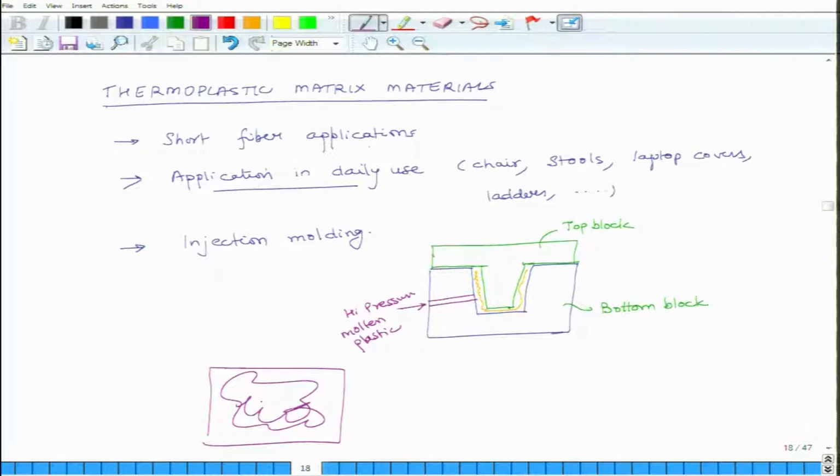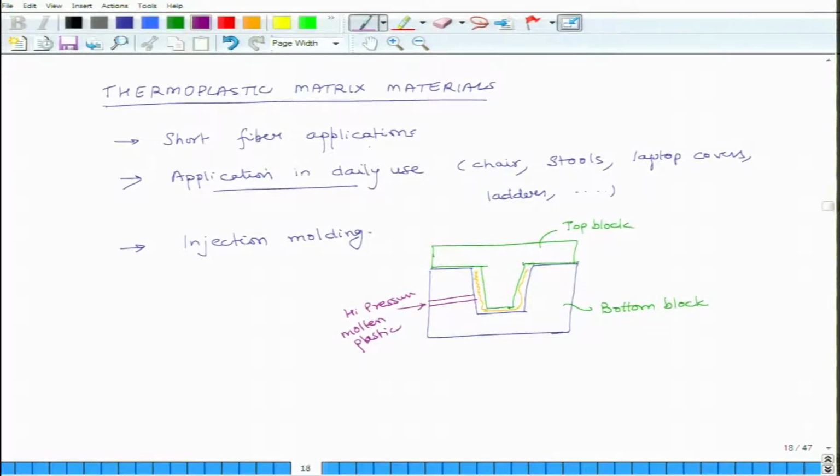This raw material plastic comes in small spheres, pellets, and if you want stronger material, you mix it with some glass fibers, short fiber glass, and then you melt it, and then you inject that molten material, which is a mixture of glass and thermoplastic, into this, and you get this material.